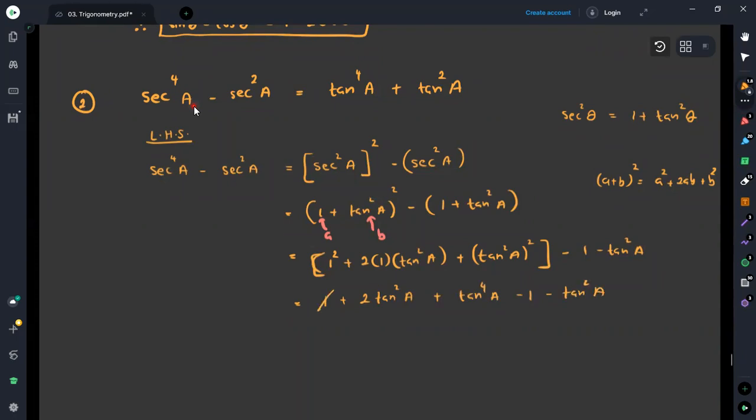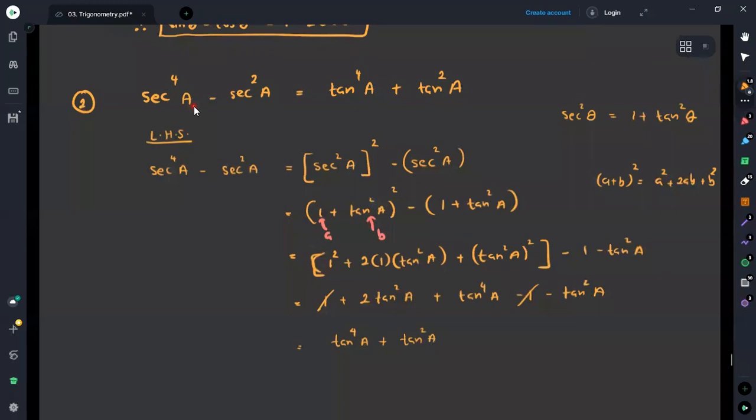Now you can see that plus 1 and minus 1 cancel out. We have tan a to the power 4, which is also included in our answer. Then 2 times tan squared a minus tan squared a leaves just tan squared a.